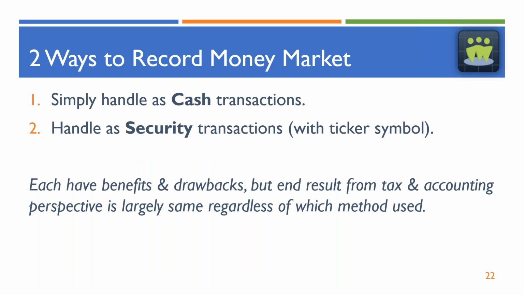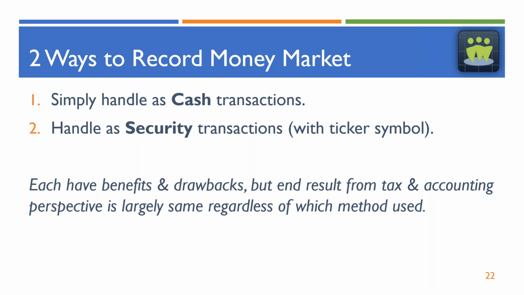Because they are sort of a little bit of a gray area sometimes, there are 2 ways to record money markets and money market transactions in our accounting system. You can do just a basic cash account, create an account, make your deposits, make your transfers, or as a security.